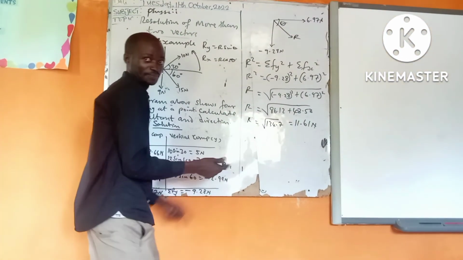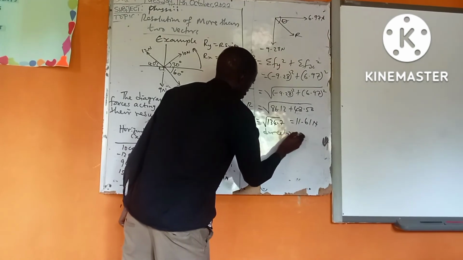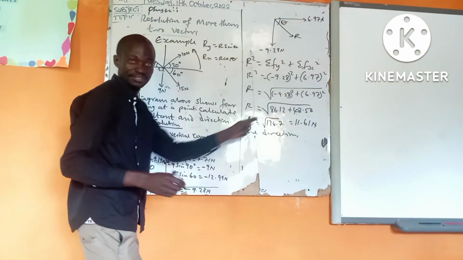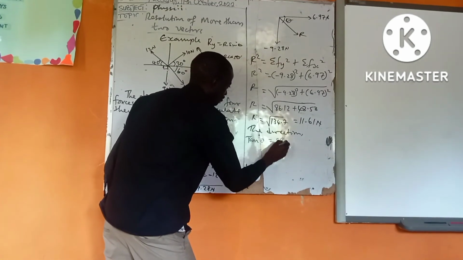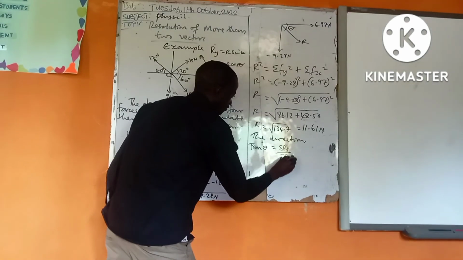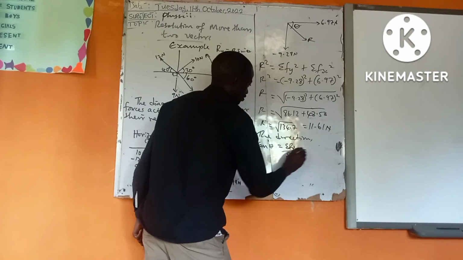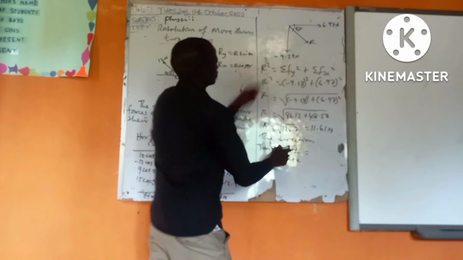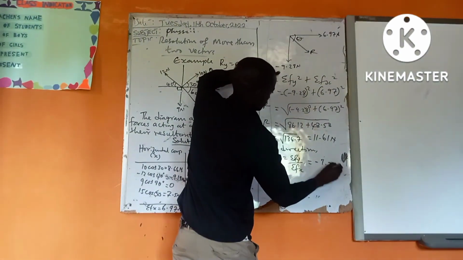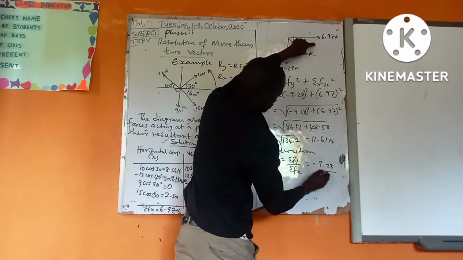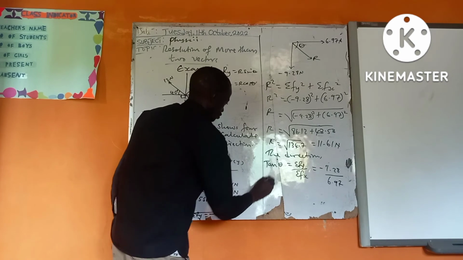Now the direction. The direction of this resultant is given by summation of f of y over summation of f of x, which is minus 9.28 over 6.97.